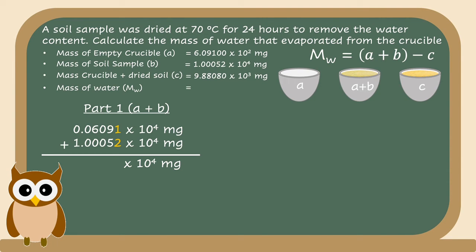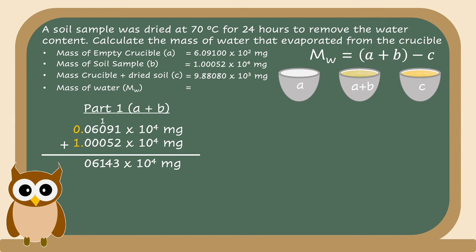Starting with our 100,000ths column, 1 plus 2 is 3. Then 9 plus 5 is 14, carry the 1. 1 plus 0 is 1. 6 plus 0 is 6. 0 plus 0 obviously is 0.